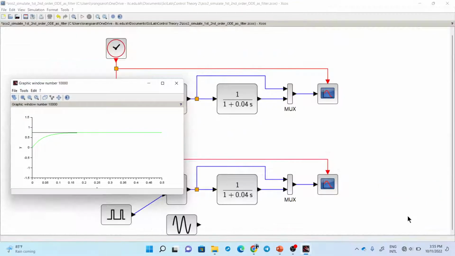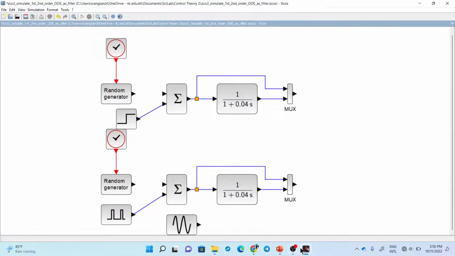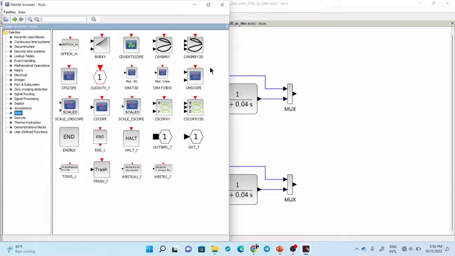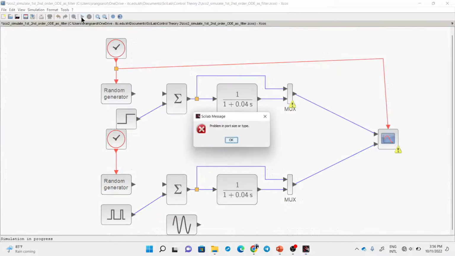I can see only one graph, so I use a different graph. I need to use another block, and this scope. Okay, and run again.